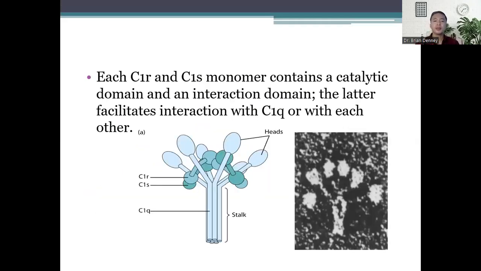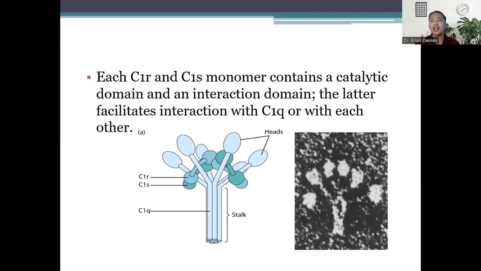Your C1R and C1S is comprised of 2 domains. And what are these domains? The catalytic, also known as proteolytic domain, and the interaction domain.